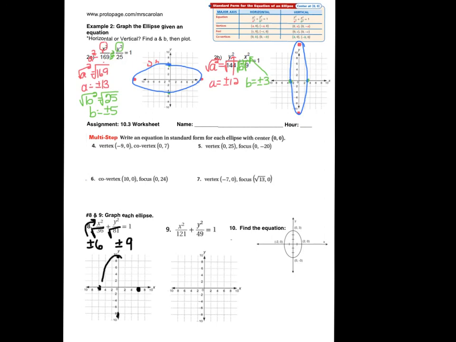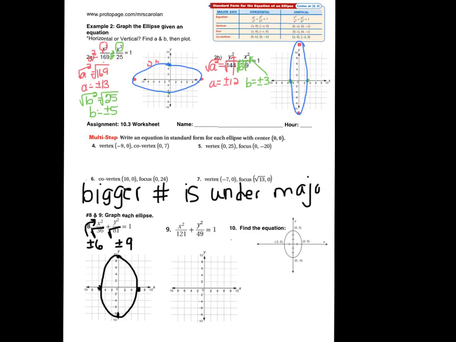And you can see that this ellipse is vertical, even though the y squared wasn't first. So an easier way to keep track of things is whichever the bigger number is under. Bigger number is under the major axis. Alright, that might help clear up some of the homework problems.